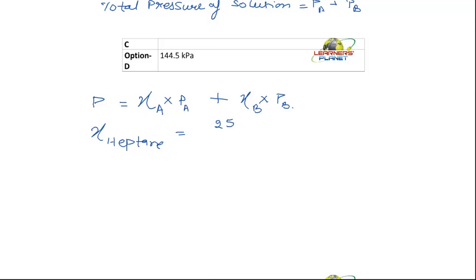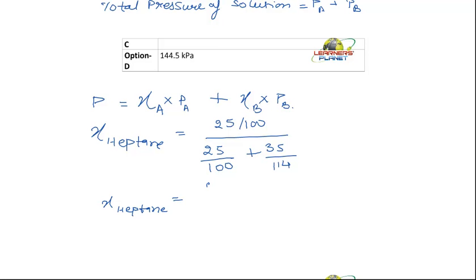So it is 25 divided by the molecular mass of heptane, that is 100, divided by 25 upon 100, plus the number of moles of octane. How much octane was added? 35 divided by 114. So if you solve this, you'll get the mole fraction of heptane.